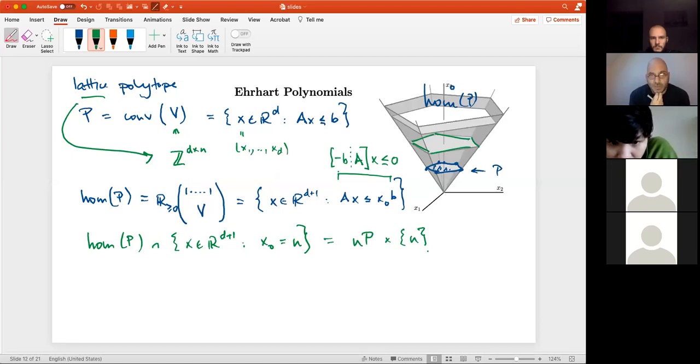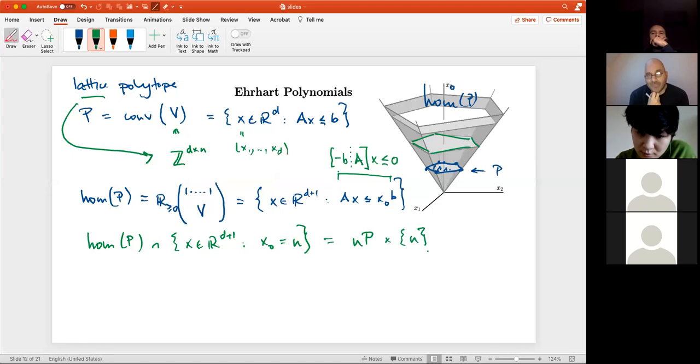Okay, and so if you now want to understand the integer point structure in dilations of your polytope, this should be encoded by all the integer points in Hom of P. Every integer point in Hom of P belongs to exactly one dilate.